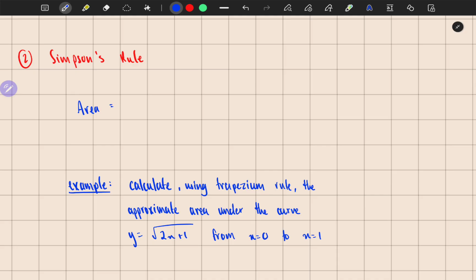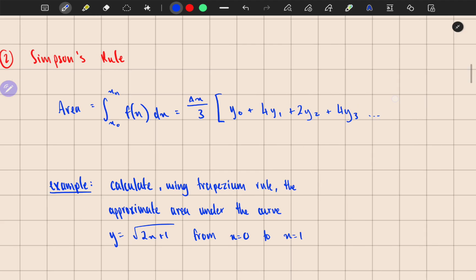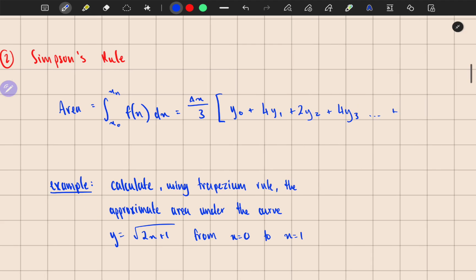So, the general formula for this, again, is you're taking the definite integral from an initial x value to the final x value, x of n, of a function, and that will give you delta x over 3 multiplied by y of 0 plus 4 times y of 1 plus 2 times y of 2 plus 4 times y of 3, and so on, plus 4 times y of n minus 1 plus y of n.